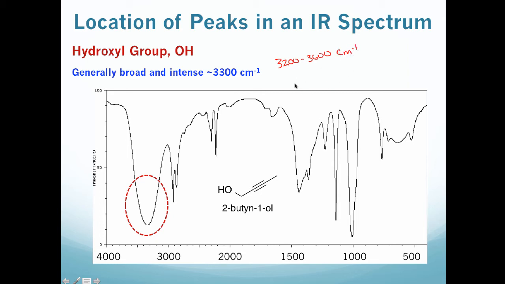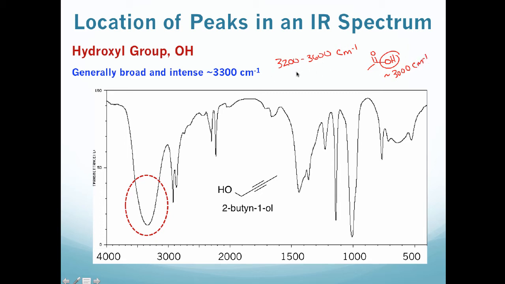Now these are just sort of free OH groups. This doesn't include the carboxylic acid. The carboxylic acid, as we'll see later on, is different. That OH group is going to be closer to 3,000.